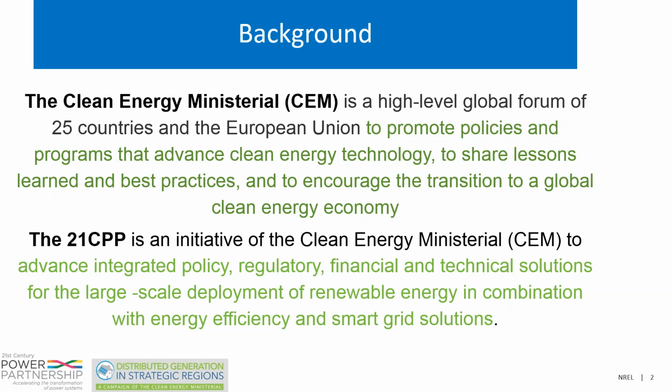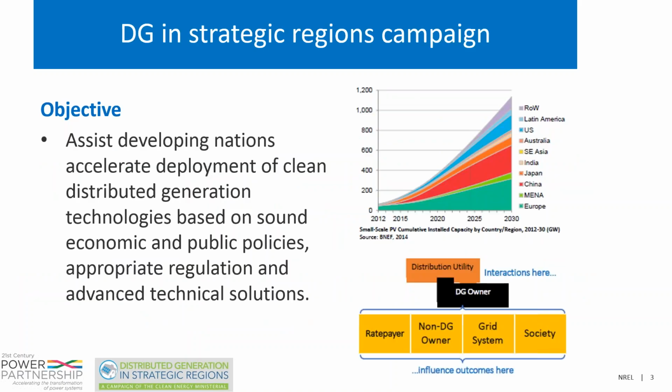Within the 21st Century Power Partnership, last year at the Clean Energy Ministerial meetings in Denmark, Mexico launched a distributed generation campaign. All the campaigns for the Clean Energy Ministerial are typically 12-month campaigns.